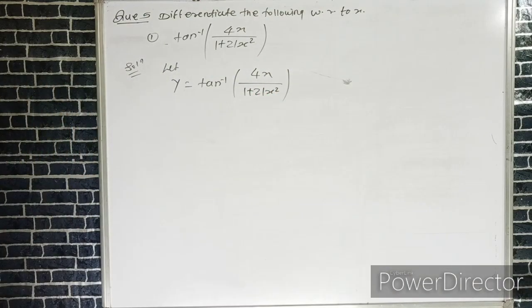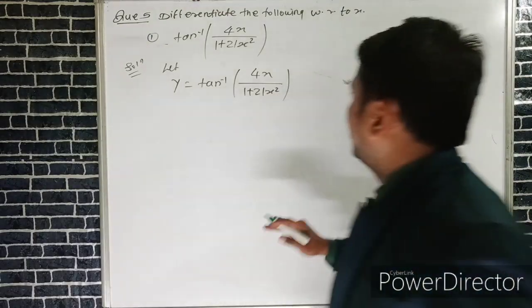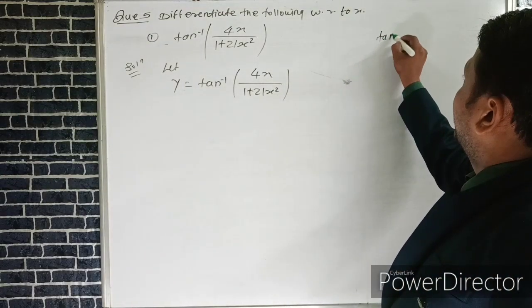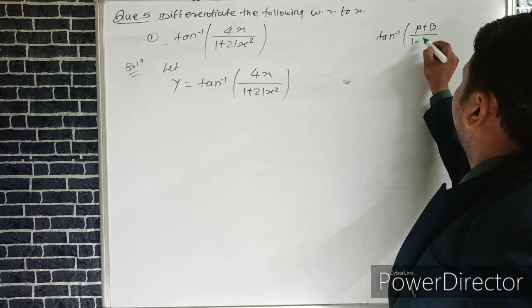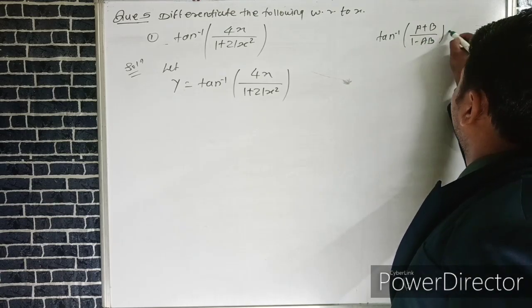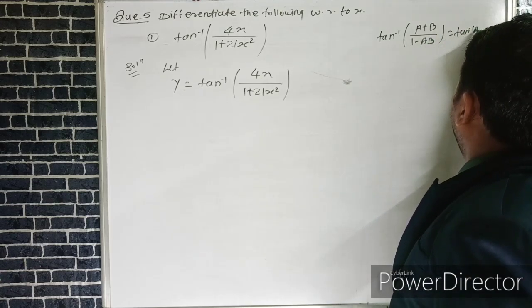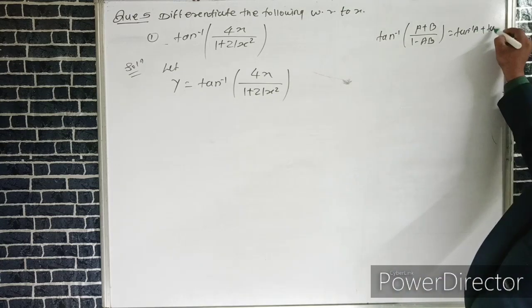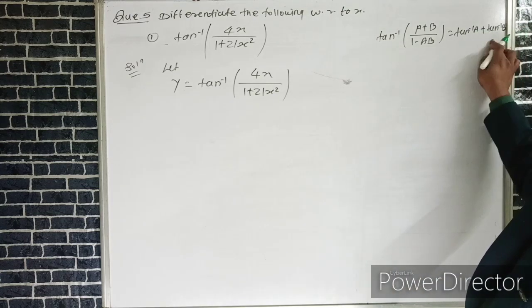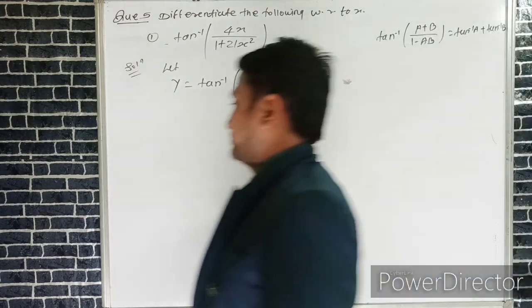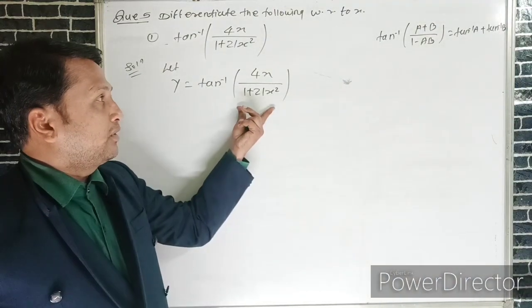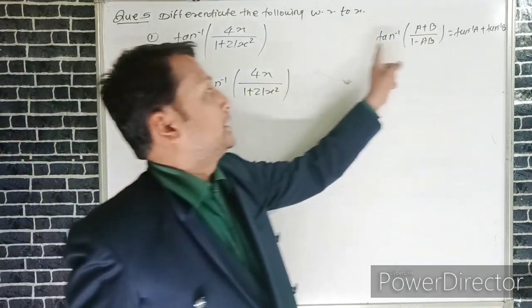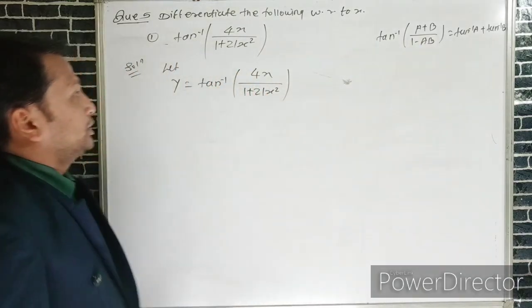If you know the rule of trigonometric functions, which is tan inverse of a plus b upon 1 minus a into b is equal to tan inverse a plus tan inverse b, then we can solve this differentiation. And in this form we can convert to tan inverse of a plus b upon 1 minus a into b.